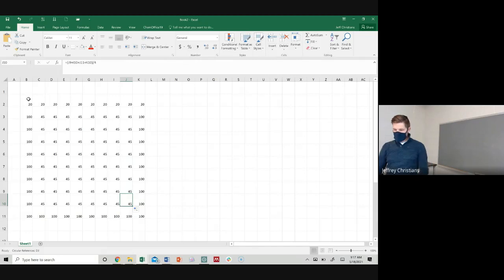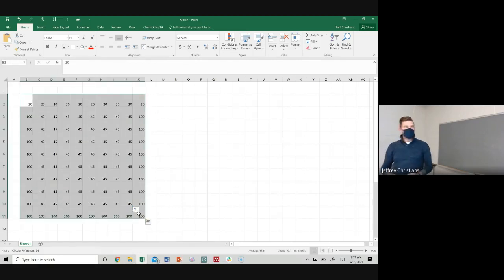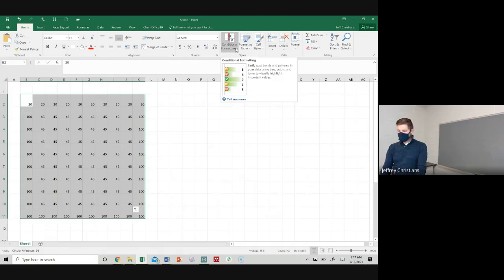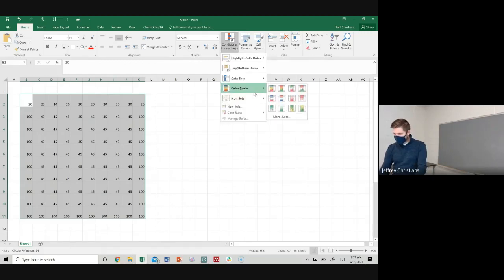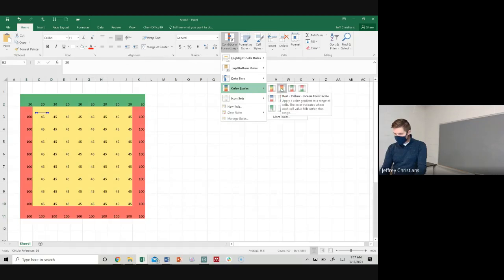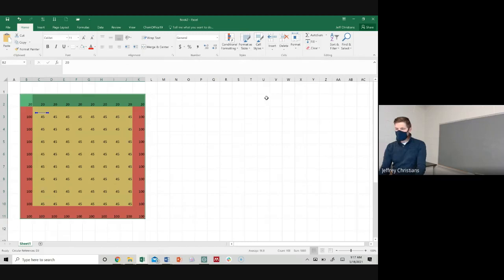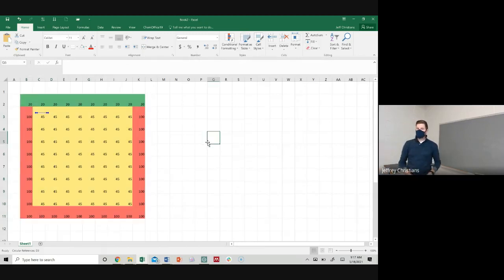The last thing that I'm going to do, just to make it pretty, I'm going to select all of this and go to conditional formatting, which is up here. And we'll use a color scale where, okay, red is hot and green is cold.